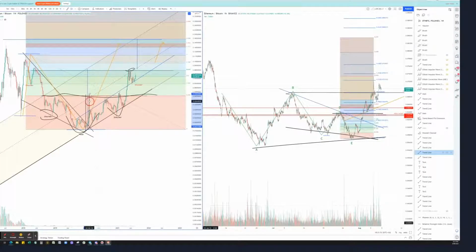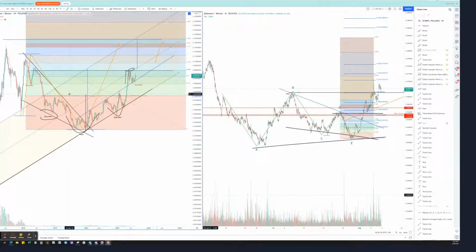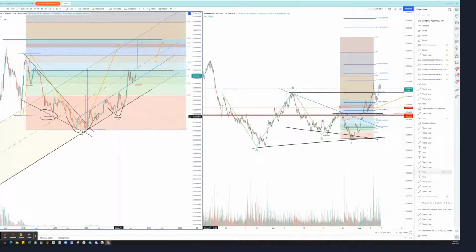That's weird. I can't remember how I did that. It's gone beyond the target, so that's good. So it hit the fib level, more so. But we had an inverse head and shoulders here.